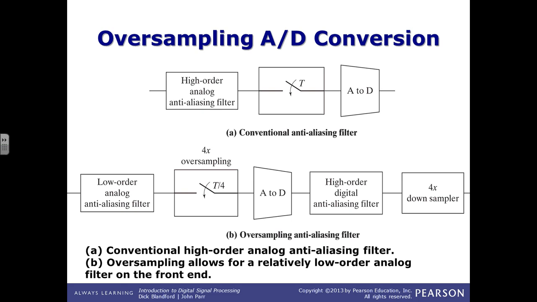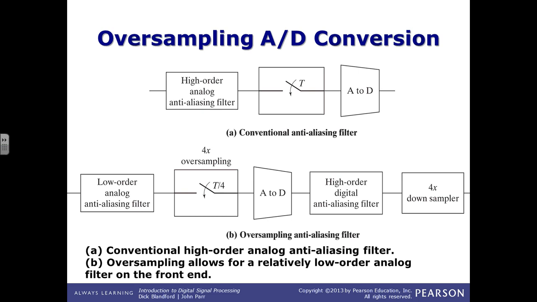And here's a block diagram of how that works. If we were just using the anti-aliasing filter, we would be in a setup like shown in the top: use a fairly high order analog anti-aliasing filter, maybe a little bit more expensive, and then do conventional sampling and analog to digital conversion.